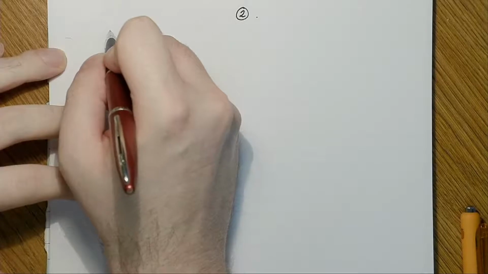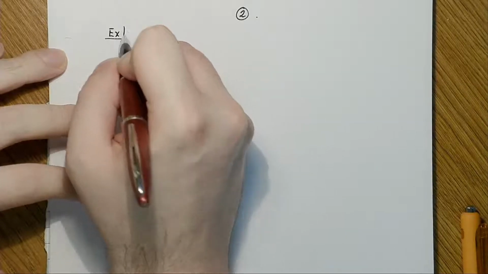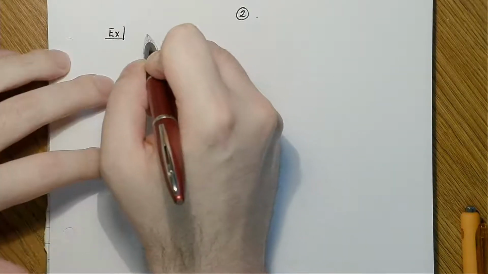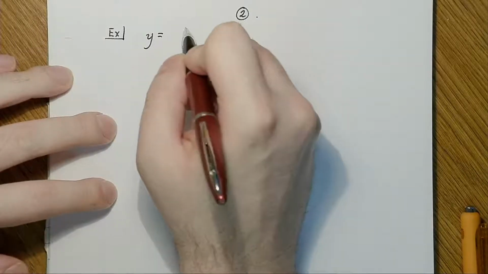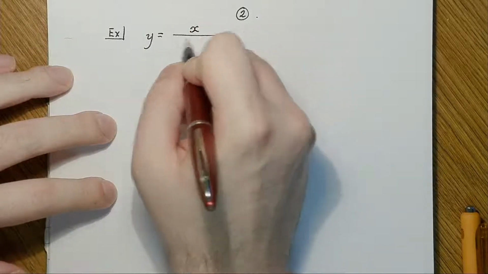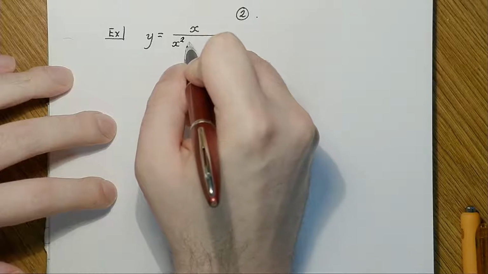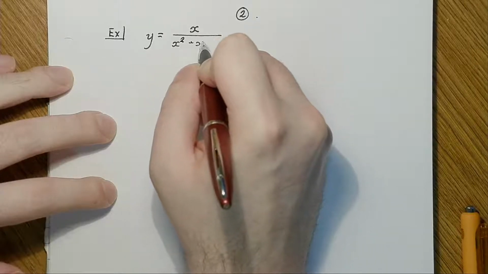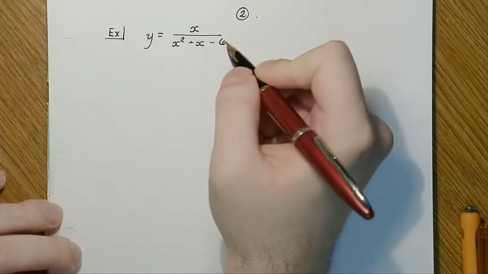So let's just jump to an example. We have the function y equals x over x squared minus x minus 6.